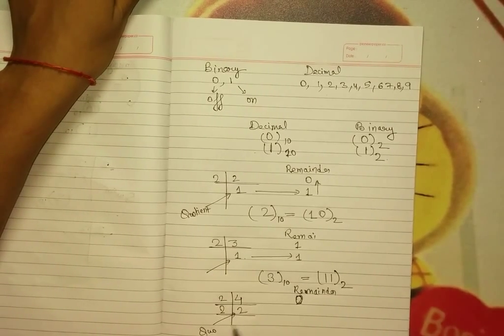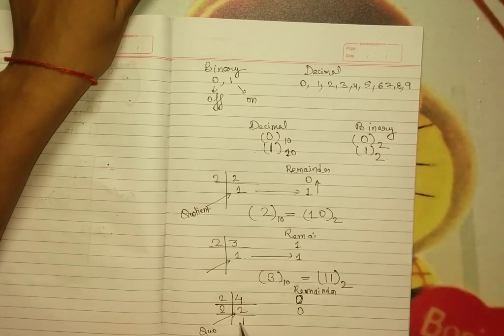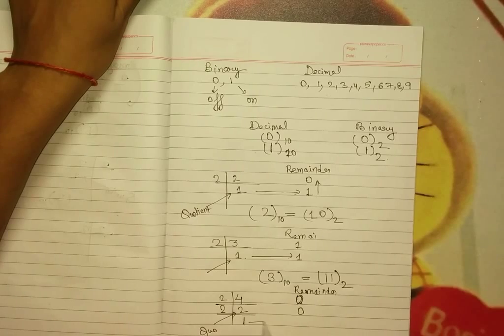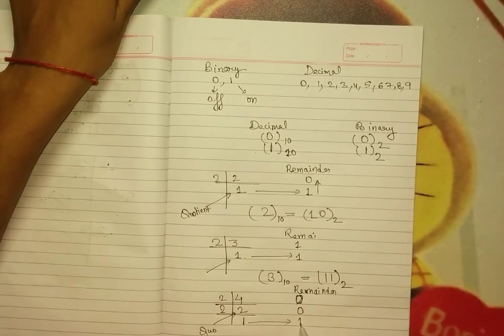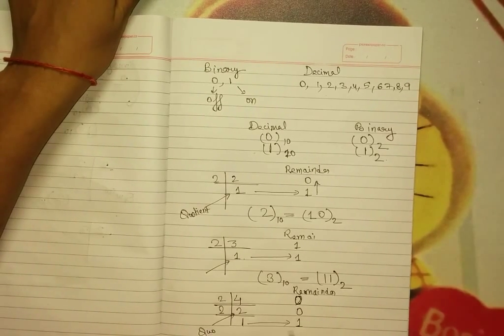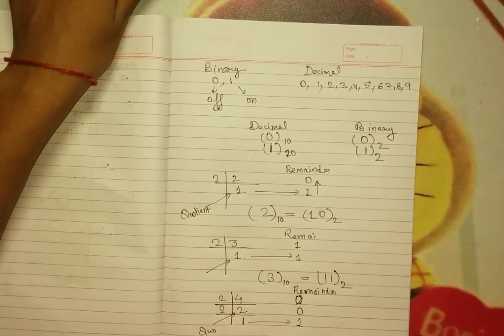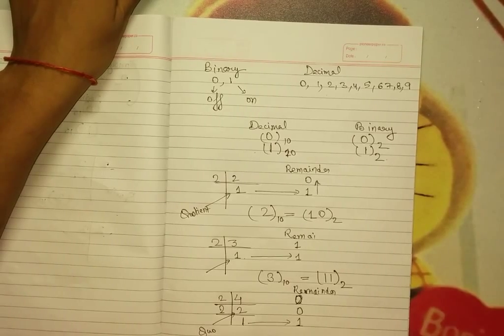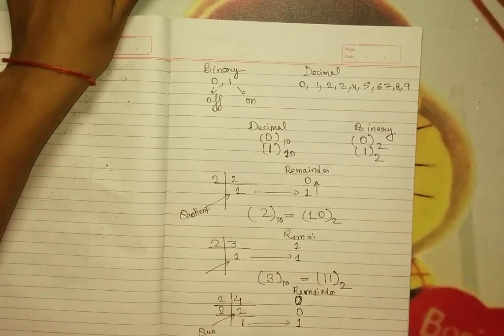So we divide 2 by 2, we get 1 and remainder 0. The quotient here is 1, the remainder is 0, and then 1 cannot be further divided by 2, so we just write 1 here, and we got 1 0 0. So we can write 4 of decimal equals 1 0 0 of binary.